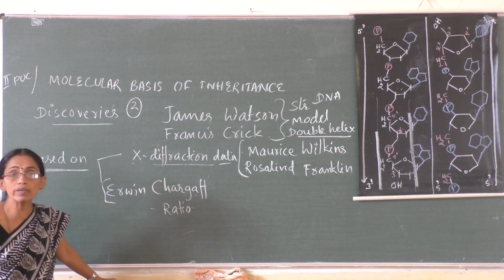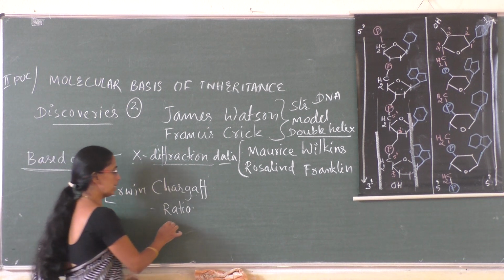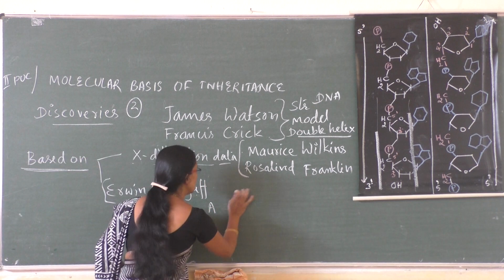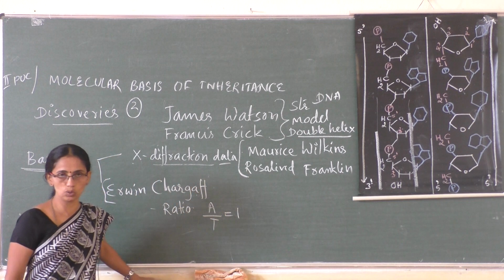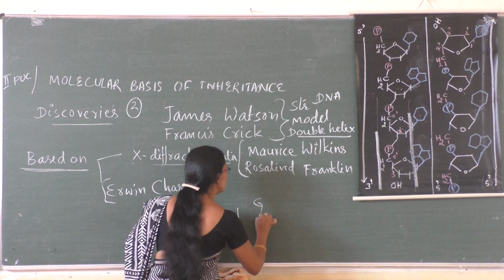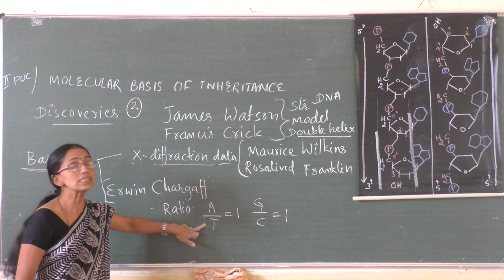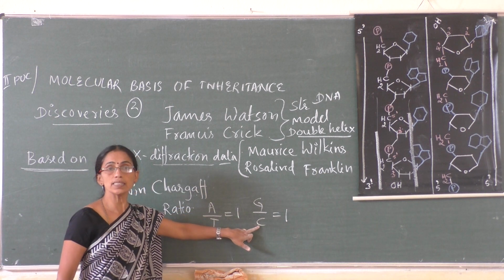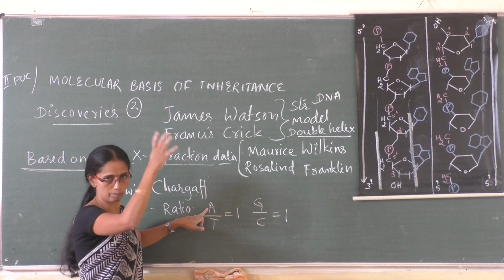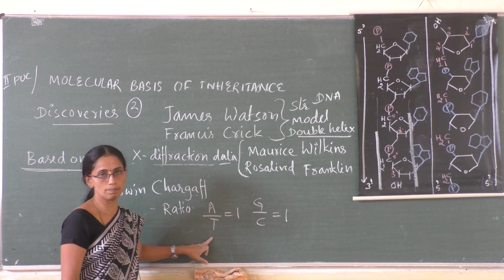Another scientist is Erwin Chargaff. He told that in DNA the ratio of A is equal to T. A for adenine, T for thymine, the nitrogenous bases, and then G and C. The ratio between A and T is the same, and the ratio between G and C is the same. If the number of A in the chain is 20, then there are 20 T. The ratio is equal to 1, 20 is to 20.